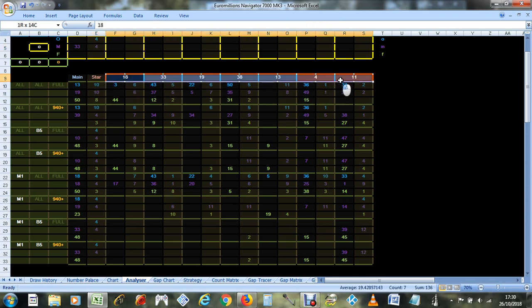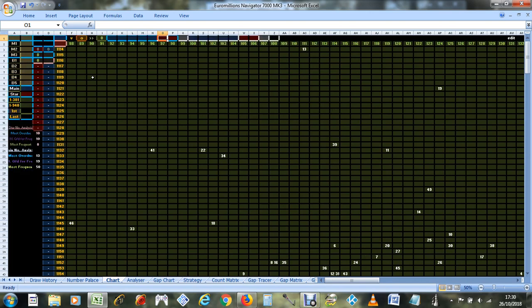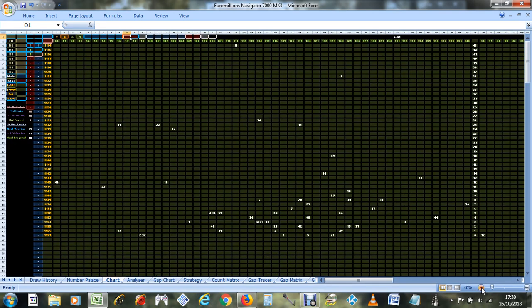So basically these are the numbers that I'm picking for tonight's draw. I'll just go through the 3 main variables on the chart.